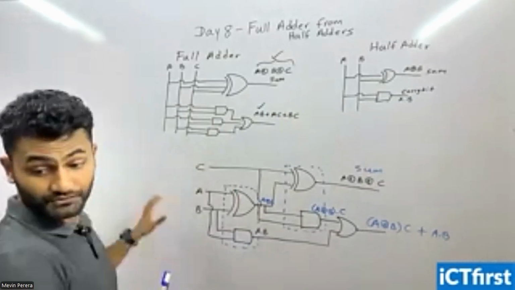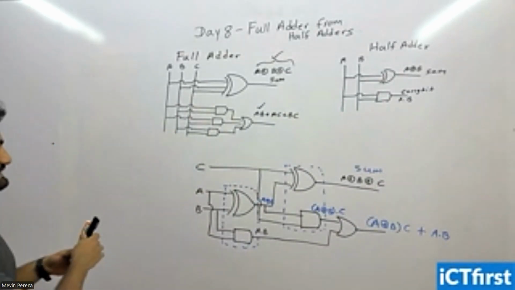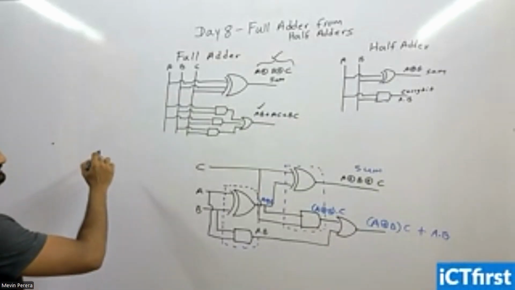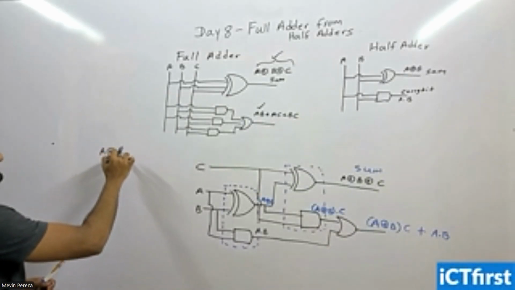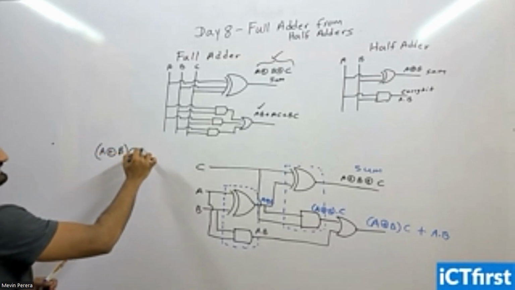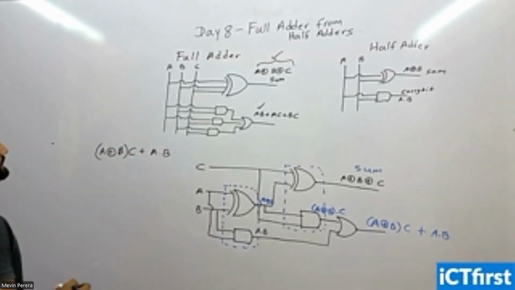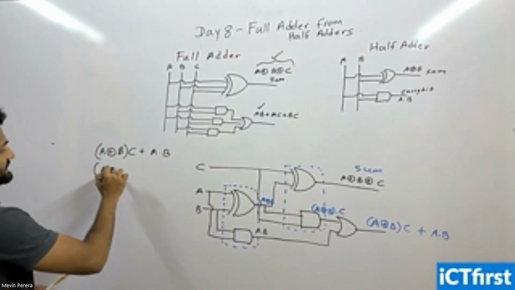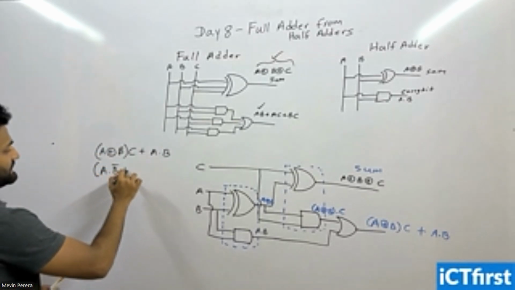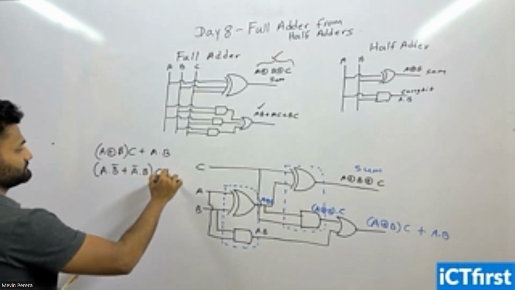All right, so we are having a bit of a space in here, right? So I'll simplify it in here then. So (A XOR B) C plus A dot B, right? Now A XOR B, we can simplify as A dot B bar plus A bar dot B, right?